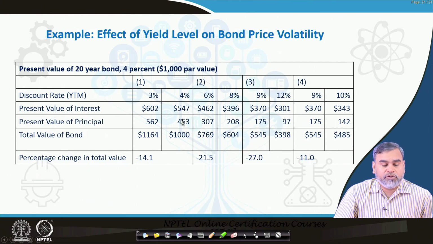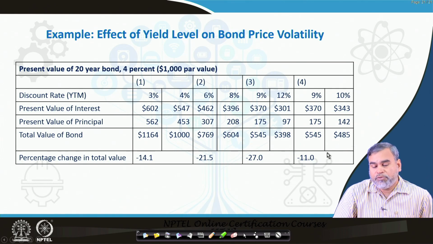Whenever the yield rate increased from 3% to 4%, a 1% change, the value changed by 14.1%. But if the discount rate was 9% and it increased to 10%, the same 1% change, you will observe that the value has changed by 11.0%.